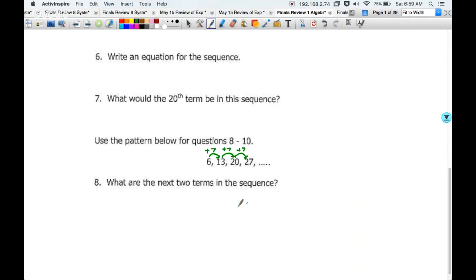So yep, it's an adding pattern. And then I just have to keep adding 7. So 27 plus 7 gives me my next term of 34. And then 34 plus 7 equals 41. So next two terms, 34, 41.